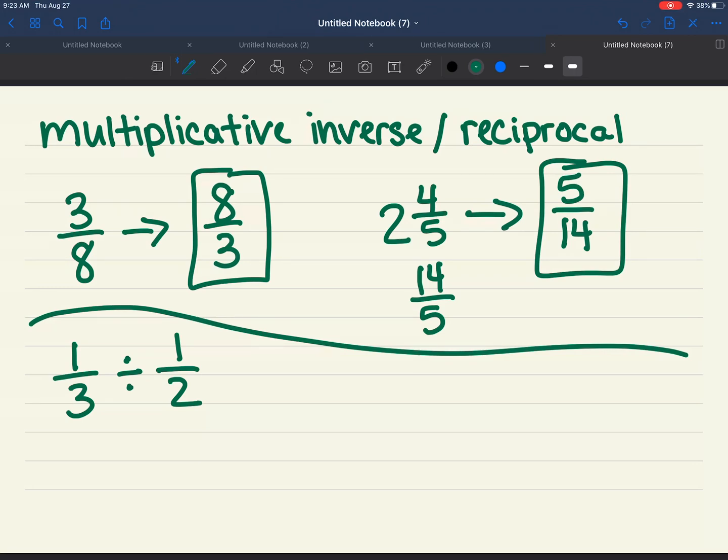What do I keep? The first fraction. What do I change? The sign. The sign to multiplication, and then you flip the second fraction. That's where the reciprocal comes in. Okay? Nothing here to simplify, correct? All right, so 1/3 times 2 over 1 would give you 2/3.